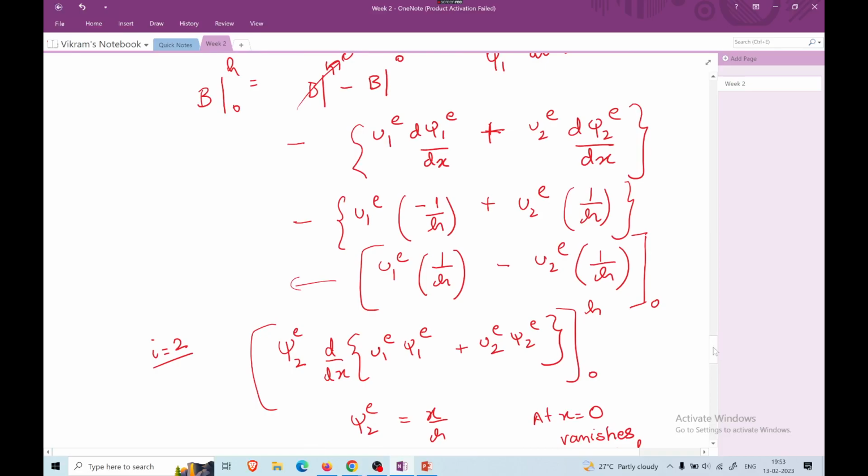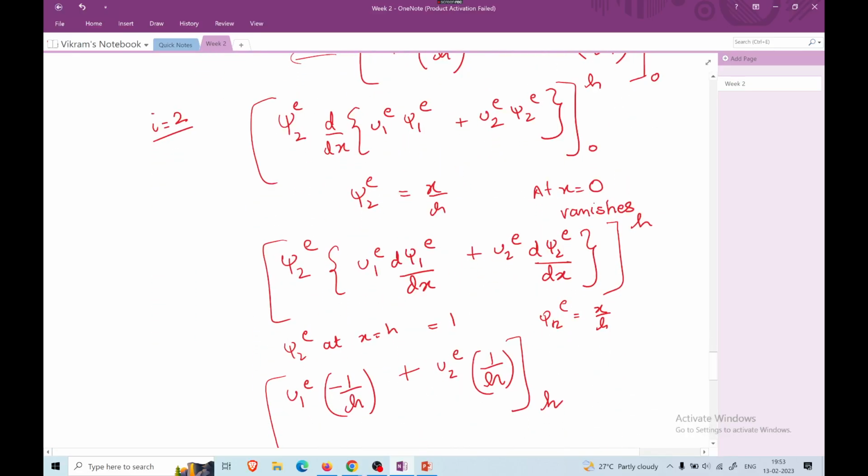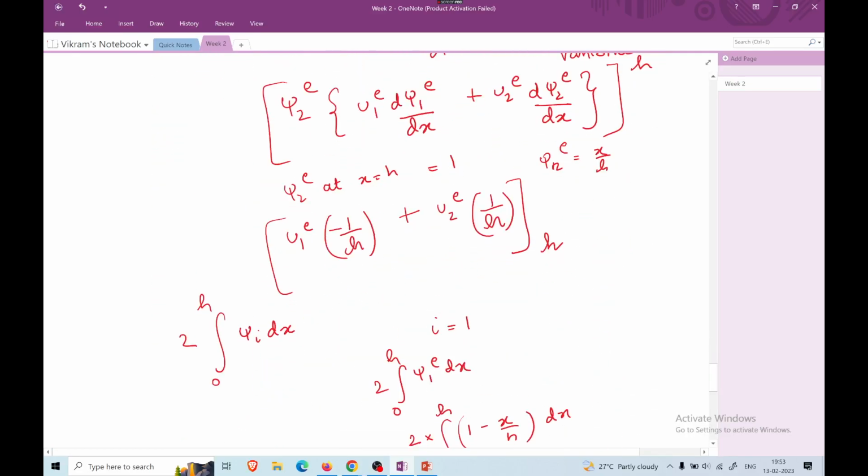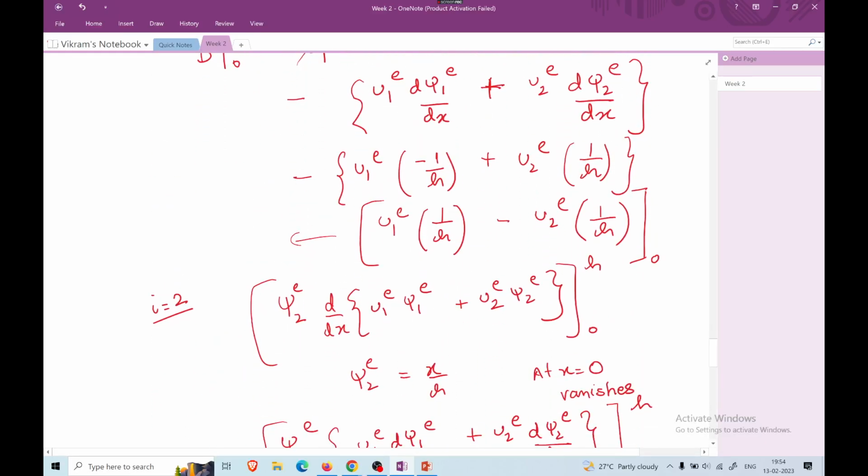This whole thing and this thing, correct? This whole thing evaluated at h. Or I'll try to simplify this rather than keeping it like this.